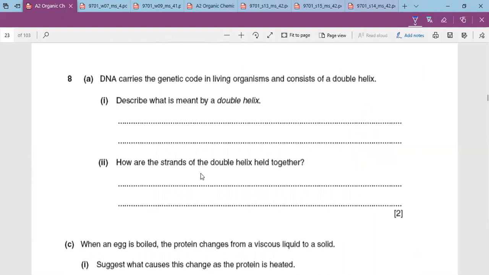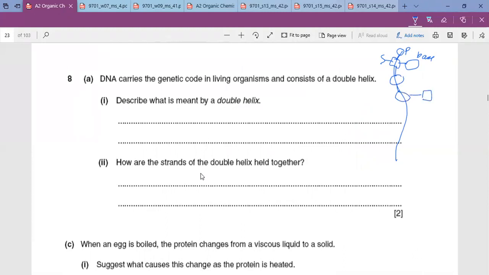Hydrogen bonds. Remember, it's hydrogen bonds. On the main strand, let's say this one strand, this is a phosphate, this is a sugar, and here is your base. Then it goes to phosphate, sugar, and base.